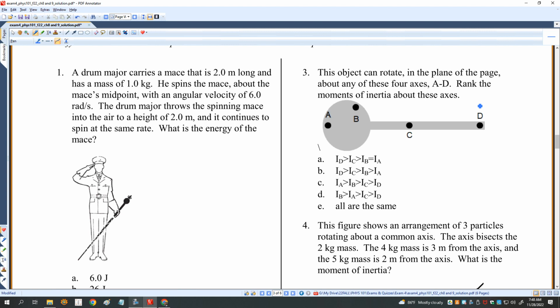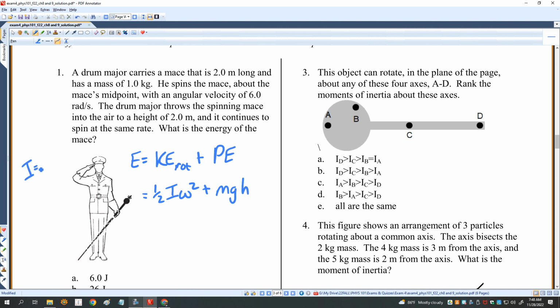So this is really similar to the problem we did before, except now the total energy is equal to the rotational kinetic energy plus the potential energy that it has at this certain height. So that's going to be 1/2 I omega squared plus mgh. Let's find I first.